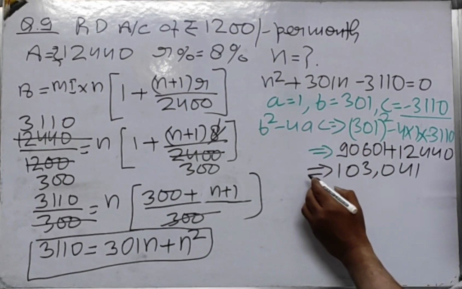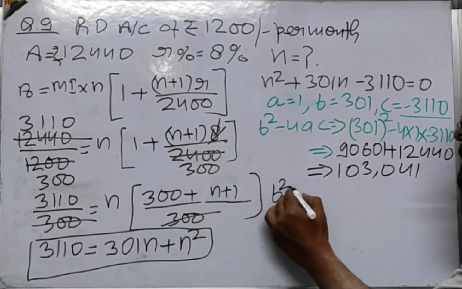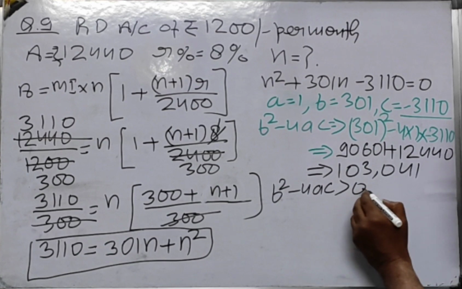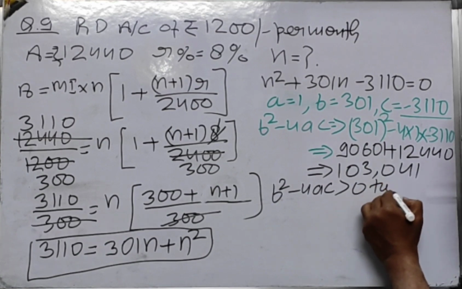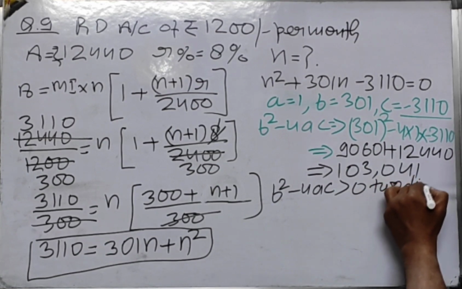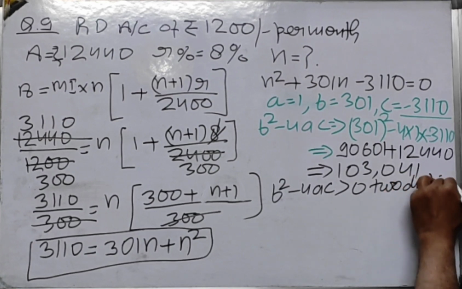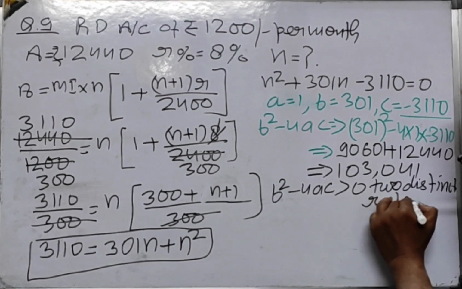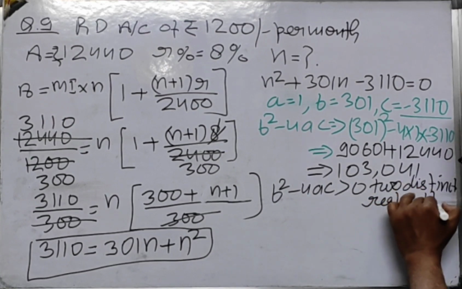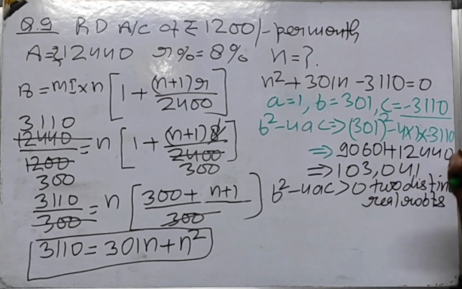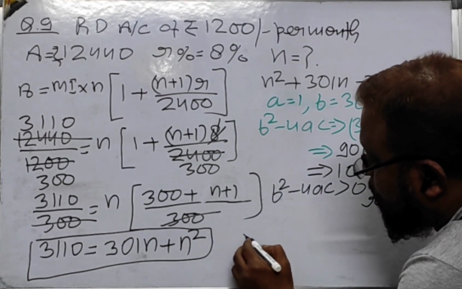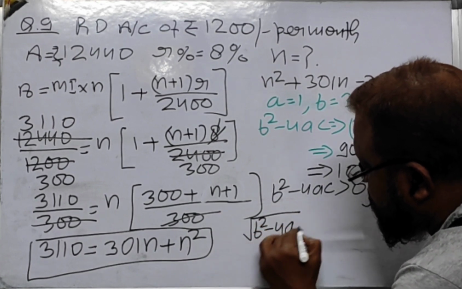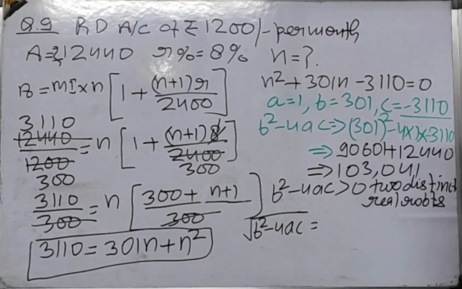Now since b square minus 4ac is greater than 0, so two distinct real roots. Now if I take the square root of b square minus 4ac, so it becomes how much?